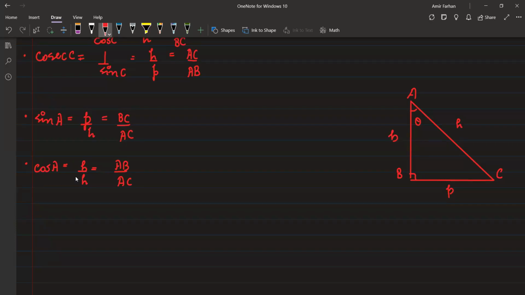Yes, sir. And similarly, tan will be taken as P by B, which is the ratio of sine and cos, equal to BC by AB.